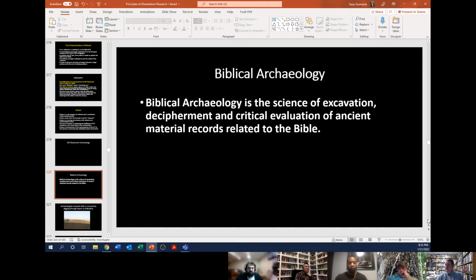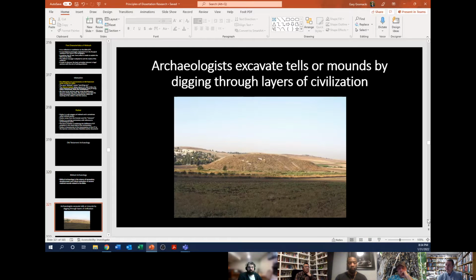If you have any interest, I encourage you to join us there. So we start with the excavation of tells or mounds, digging through layers of civilization, like cutting through the layers of a layered cake, going through the various levels to get to the very bottom, the original civilization that was there.